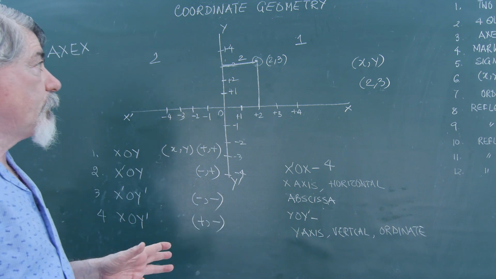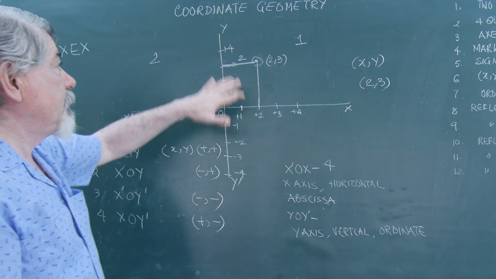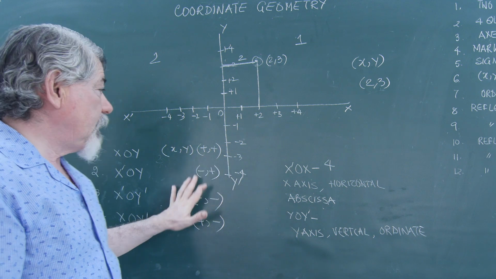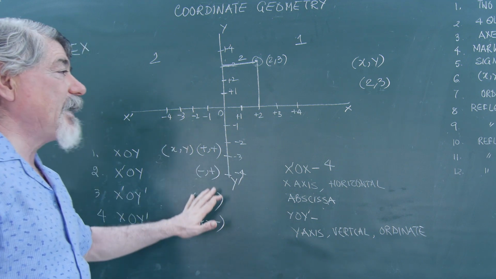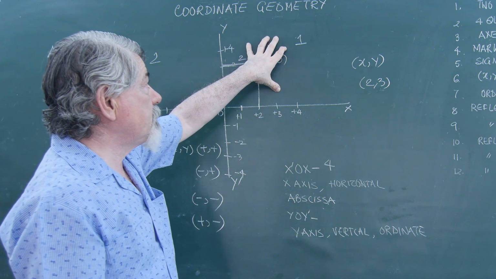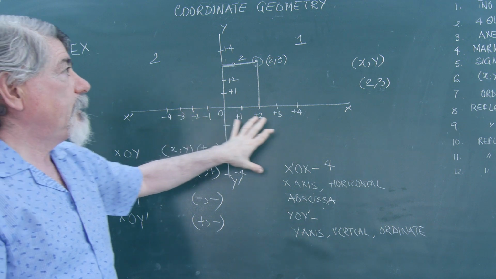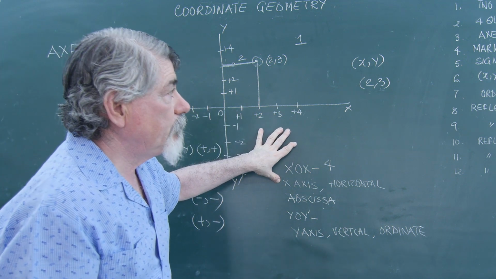This is very important. When we are plotting a set of points, we go according to the allotted sign system, whatever the sign is there. In this quadrant plus, in this minus, in this minus, in this plus and minus.